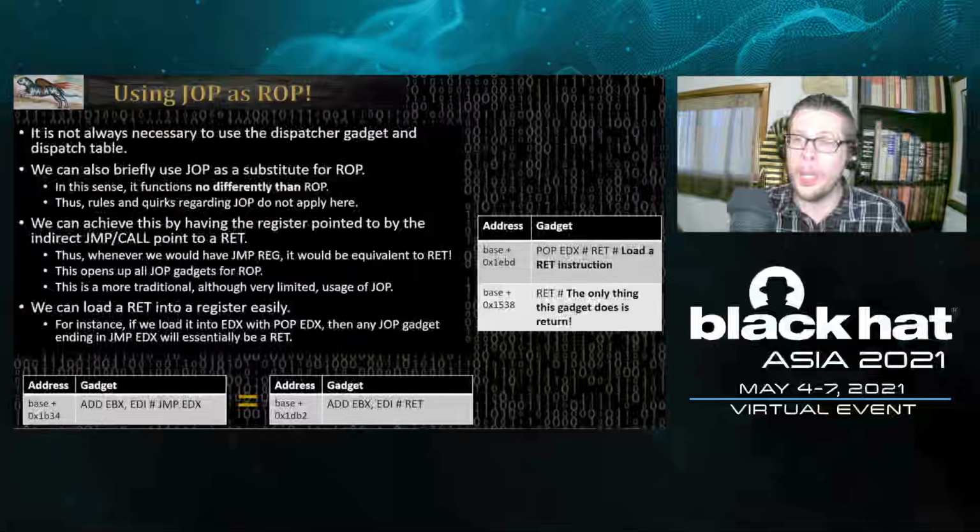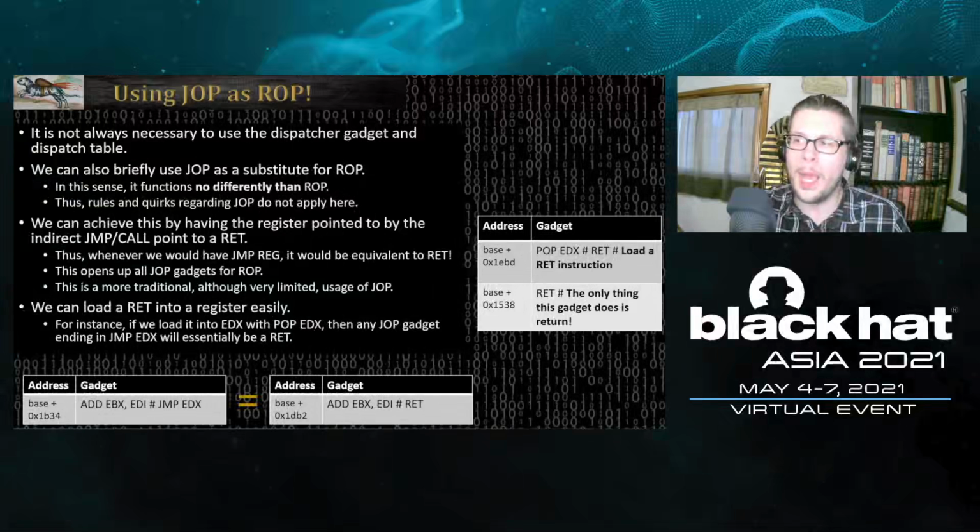Another technique that we can use is using JOP as ROP. If you're doing return-oriented programming and you can't find the right ROP gadget that you want, one thing you can do is briefly transition to JOP if you can find the equivalent JOP gadget that you want.